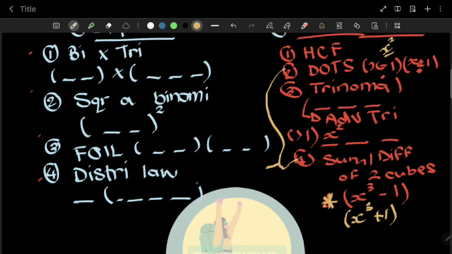That's why it's 2 squares. And it's minus 1. So for DOTS, or difference of two squares, it's only when there's a minus sign in between the two terms. But for the fourth type, the sum or difference of two cubes, it could be a minus sign or a plus sign.